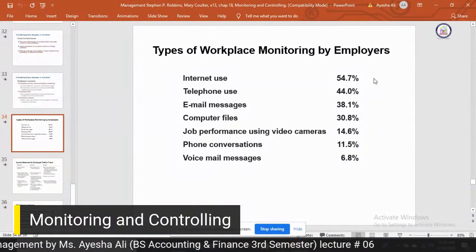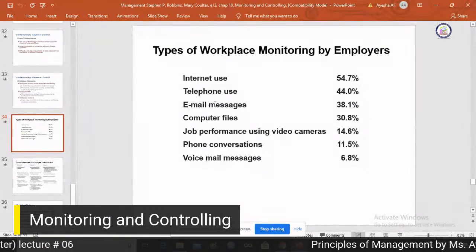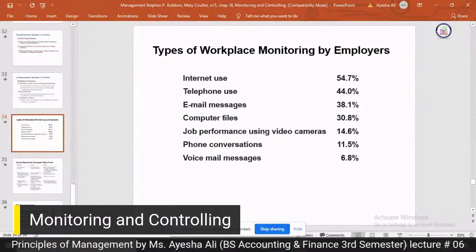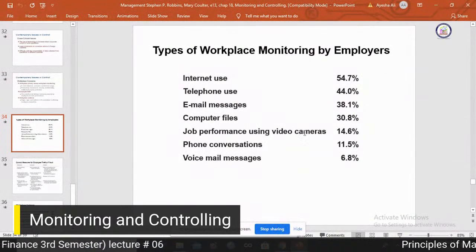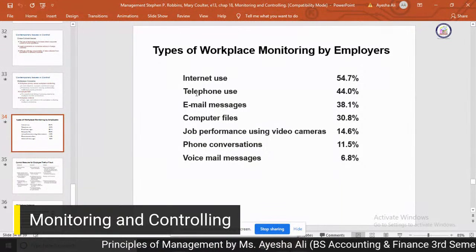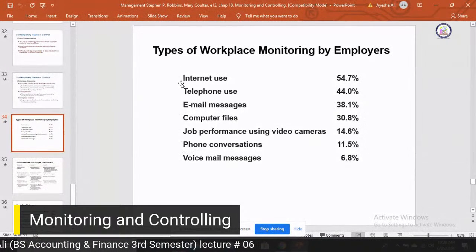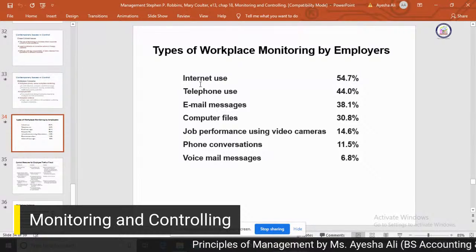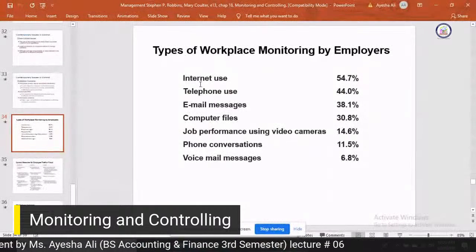So these are the percentages and these are the domains. In these domains they are monitoring, so these are the percentages in which the employer monitors every individual need of communication or domain to look after and to monitor and to spy on employees.